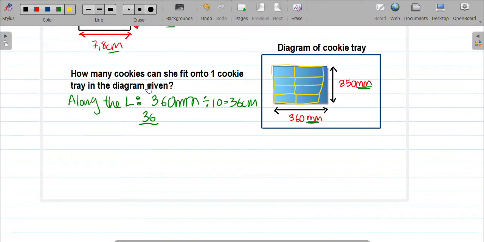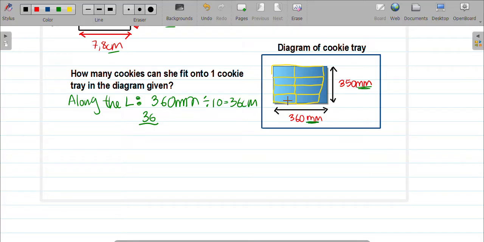How many cookies can she fit onto one cookie tray in the diagram? So how we're going to start is the key rule that I gave: when we're working out how many items can fit along whatever dimension, you take the dimension of the thing that is going to occupy your item. So let's take the dimension of the tray, and that is 360 millimeters.